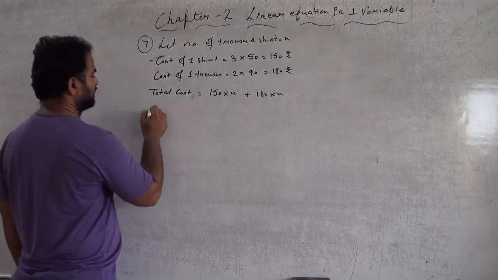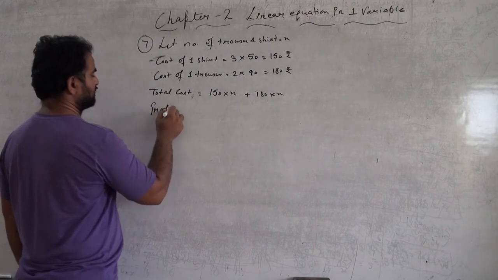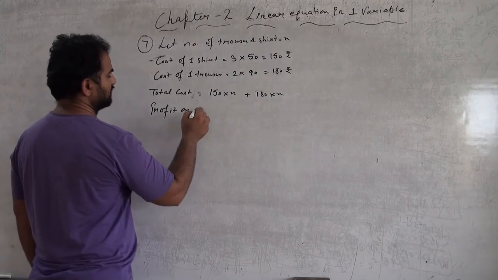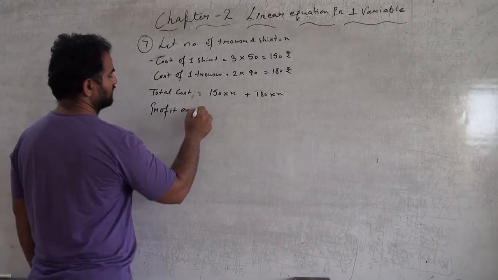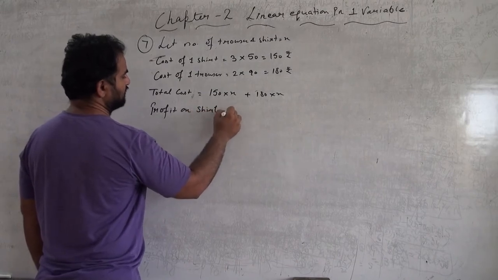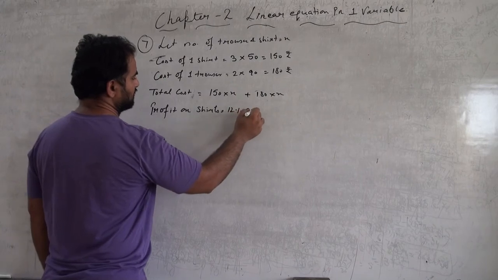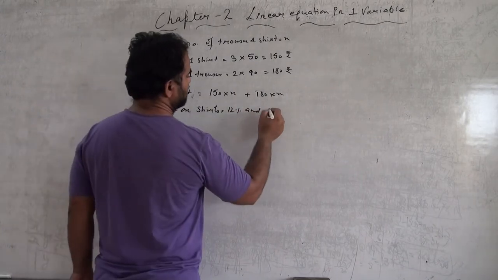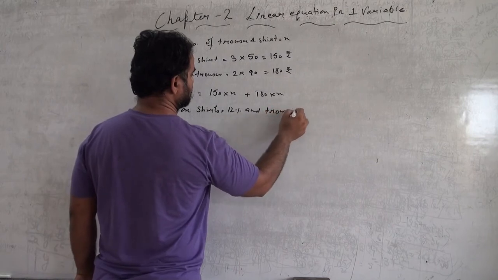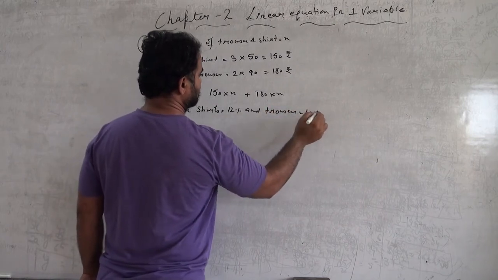So profit on shirt equals to 12% and trouser 10%.